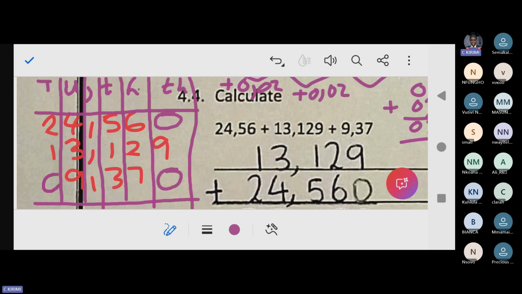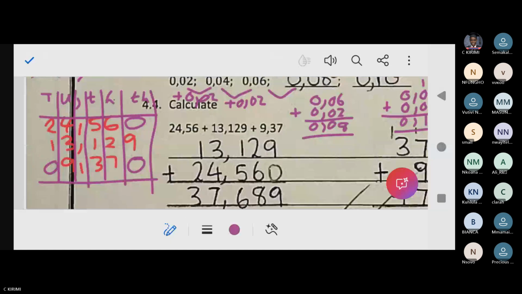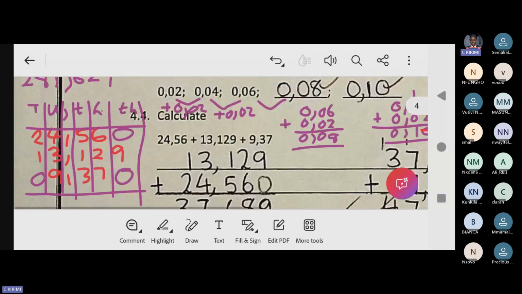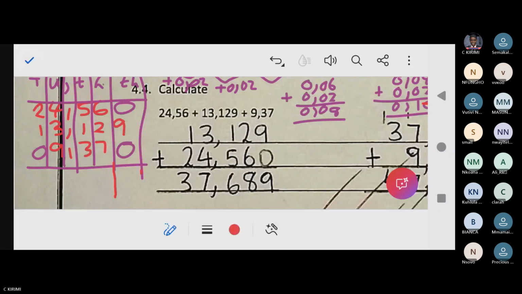So now we are adding. 0 plus 9 plus 0, you still find the answer to be 9. And you must indicate that you are adding. It's a plus. So you get a 9.